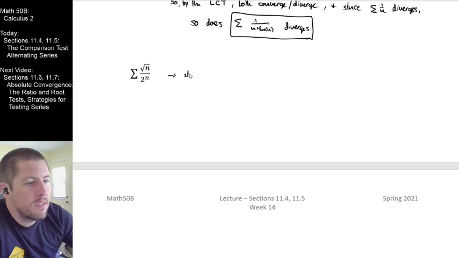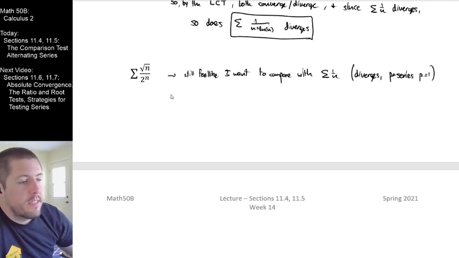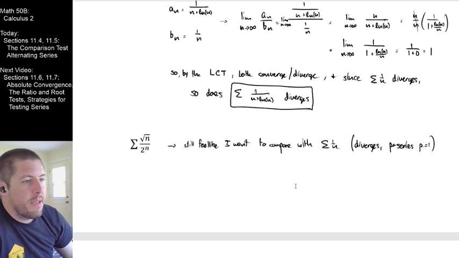All right, so I'm still feeling like I want to compare with the harmonic. And so let's set up basically the same statements as we did before.